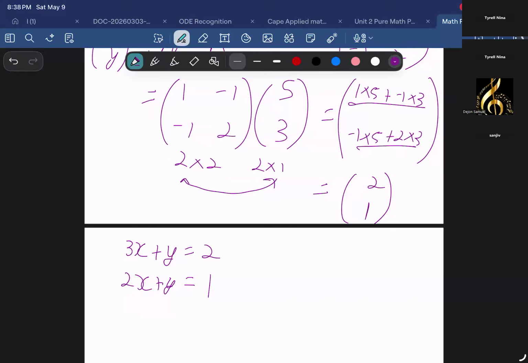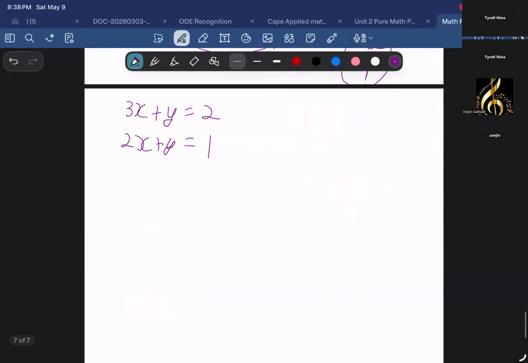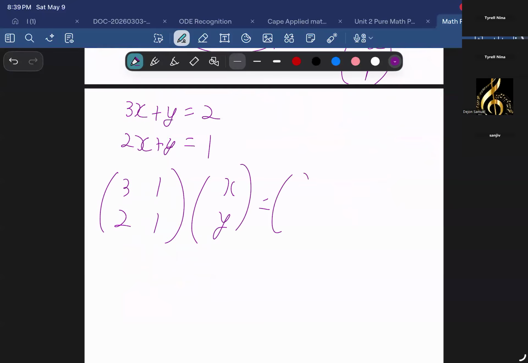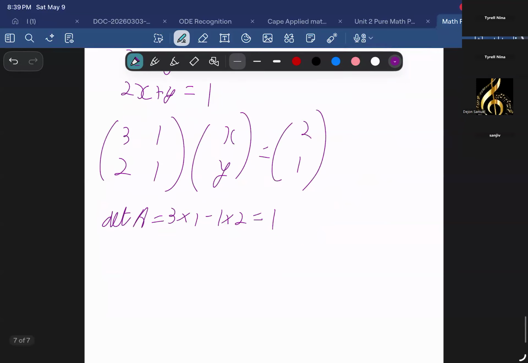So let me do this. We have [3, 1; 2, 1] times [x; y] equal to [2; 1]. Determinant of A is 3 by 1 minus 1 by 2, which is 1. The adjoint of A, since the determinant is 1, good to go.